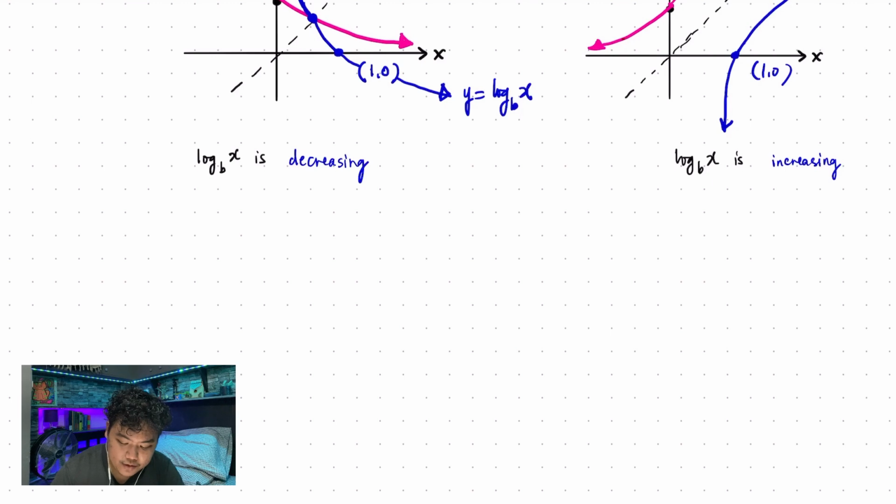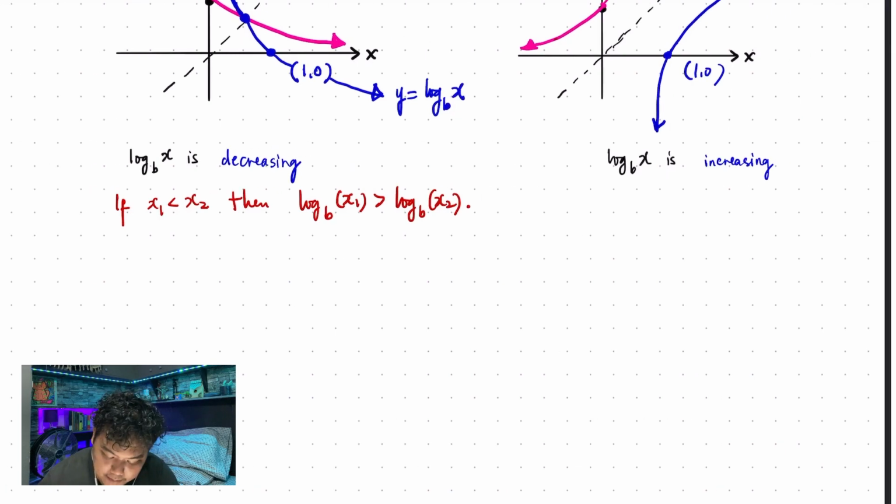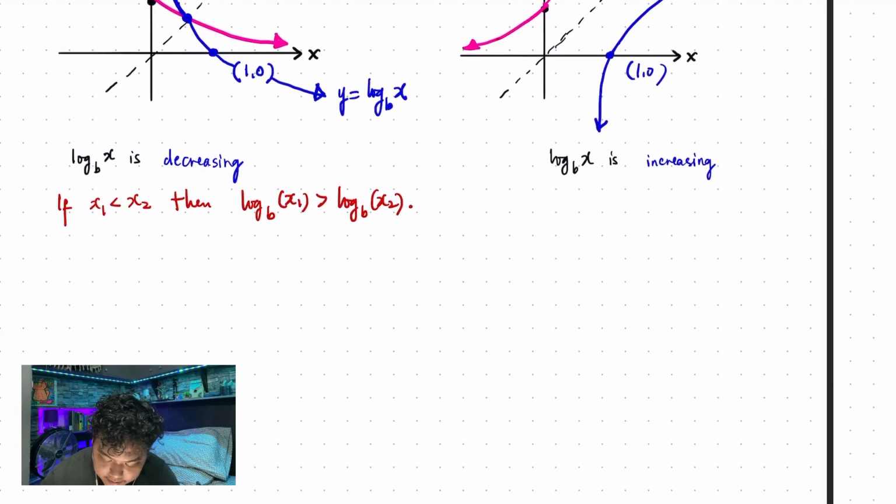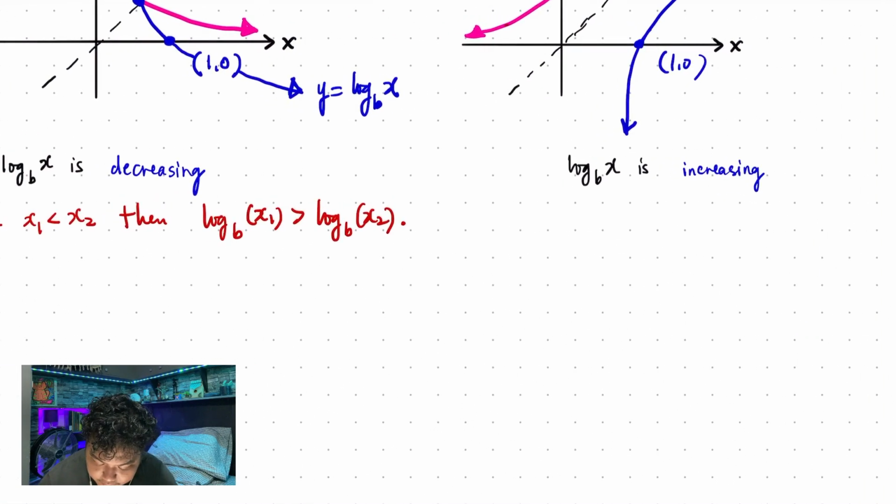Ano ba ibig sabihin nun? So, if x1 is less than x2, then, pag kinuha mo yung log base b nila, mag-flip yung sign kapag decreasing. Kapag increasing naman, hindi mag-flip yung sign.